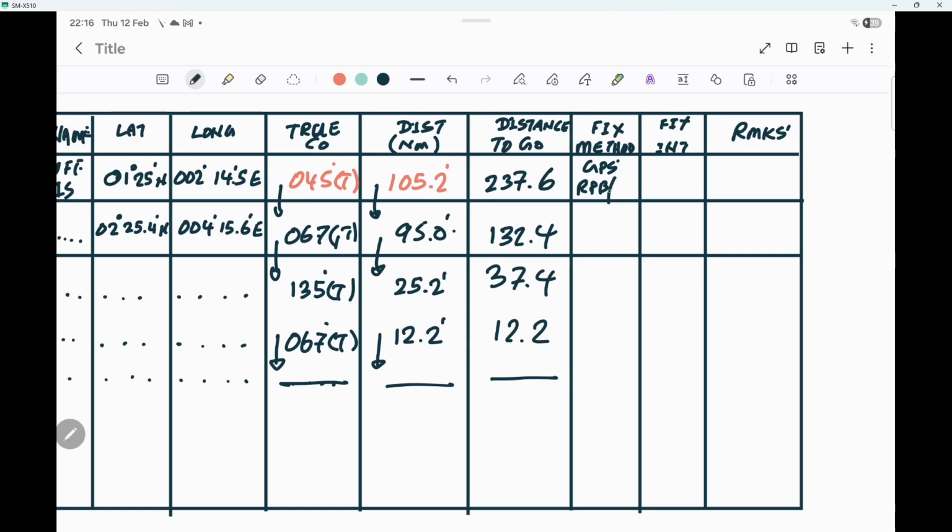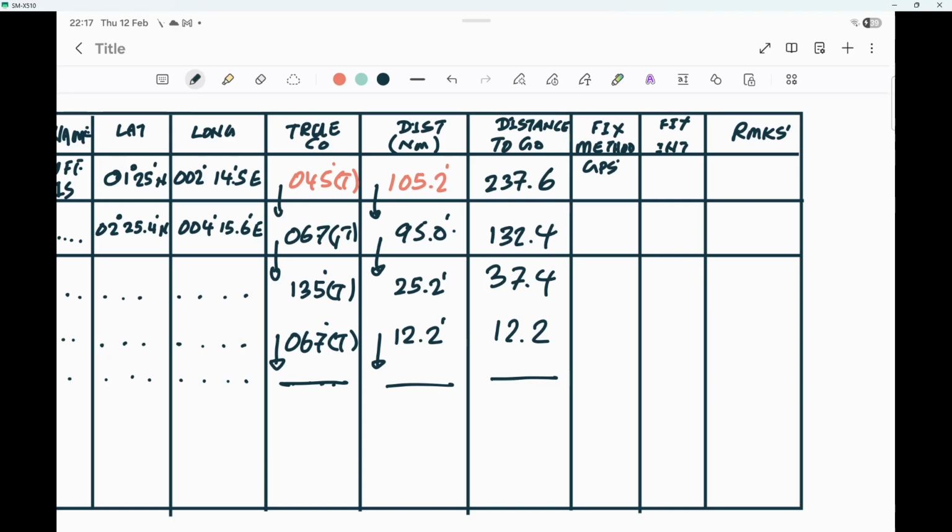Now, if you are doing an ocean passage in the middle of the ocean, don't put range and bearing. How are you going to find out range and bearing? So don't just copy and paste whatever is there previously. Think and put: in the middle of the ocean, you are going to use GPS, that's fine.